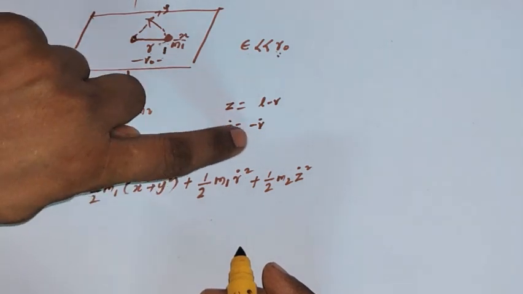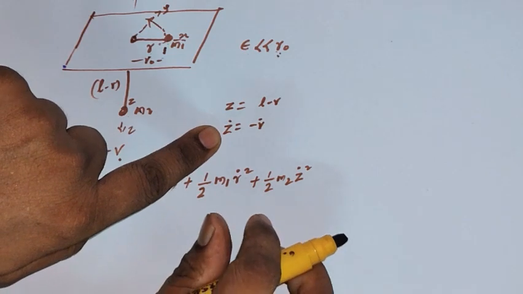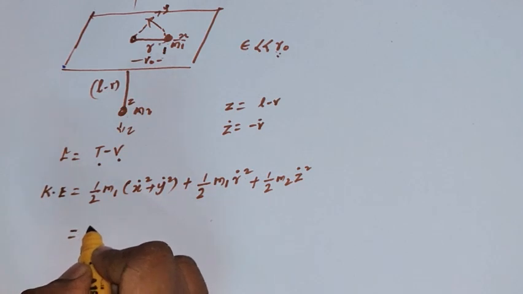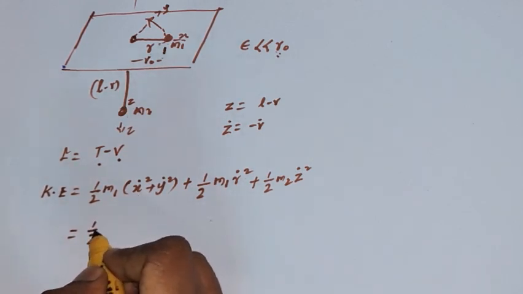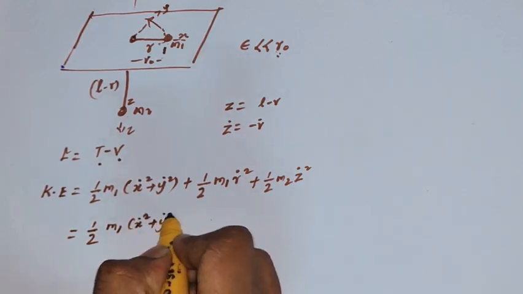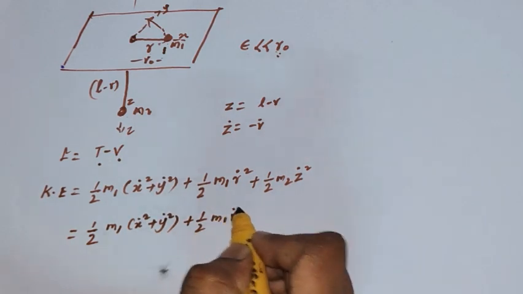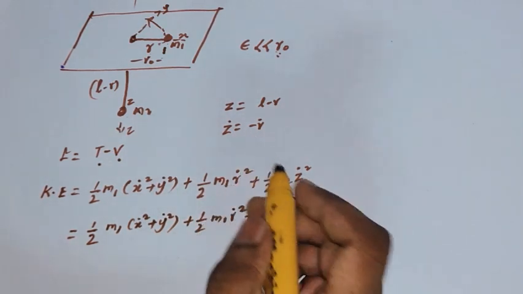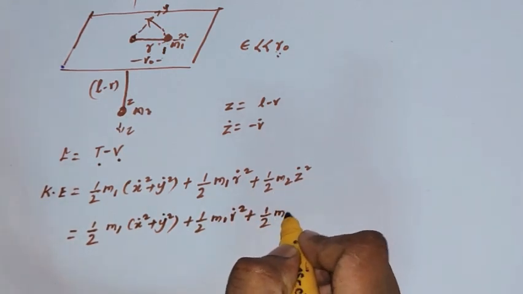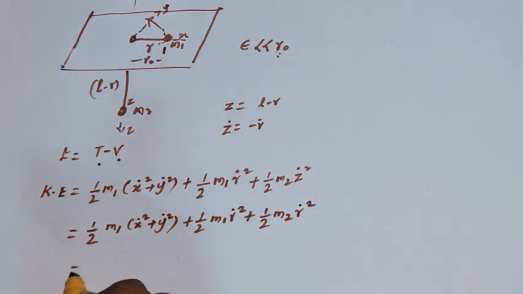Taking the derivative with respect to time, the velocity along the z direction is dz by dt, equal to minus r dot. Hence the kinetic energy of the system is half m1 (x dot square plus y dot square) plus half m1 r dot square plus, since squaring makes minus r dot positive, half m2 r dot square.